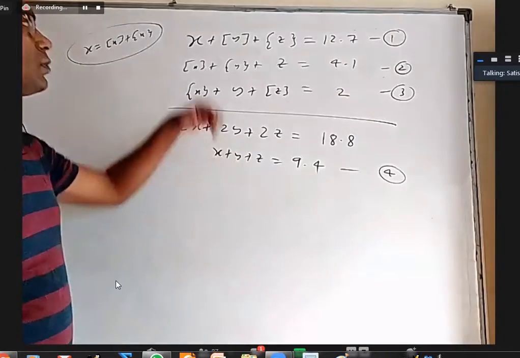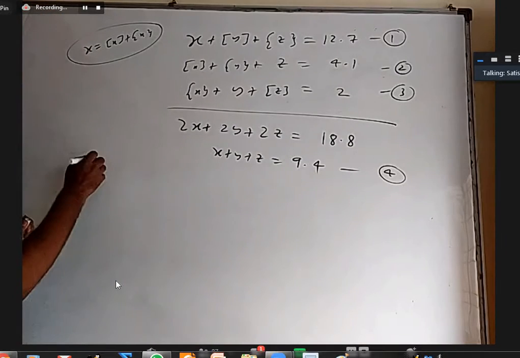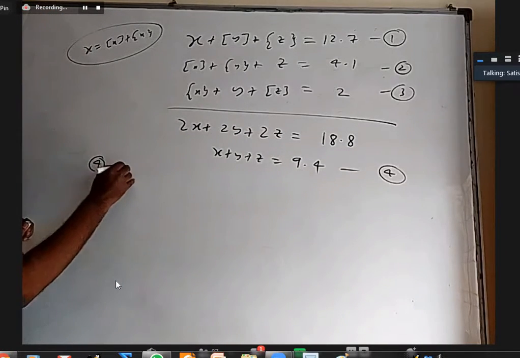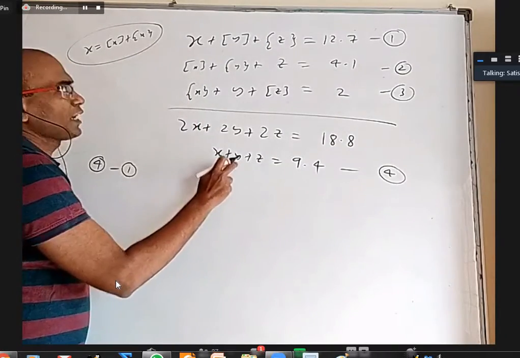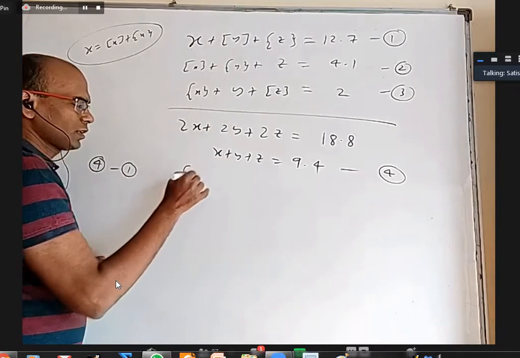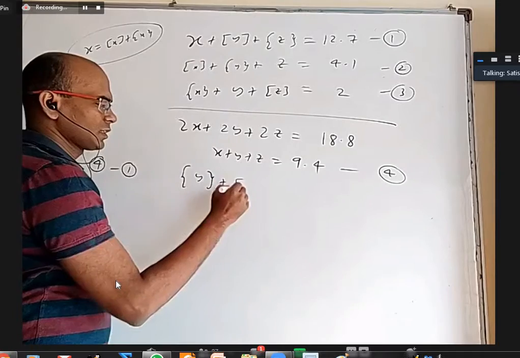Now, from this you remove one equation, and you will get all the data. Let us see. Equation 4 minus equation 1: x and x will cancel. y minus integer part of y is fractional part of y. z minus fractional part of z is integer part of z.